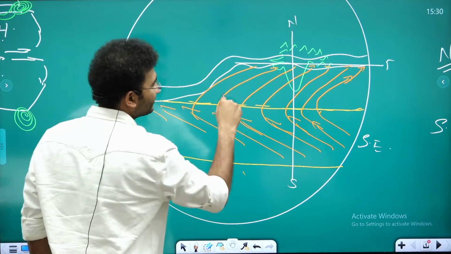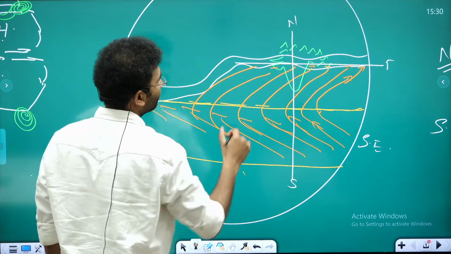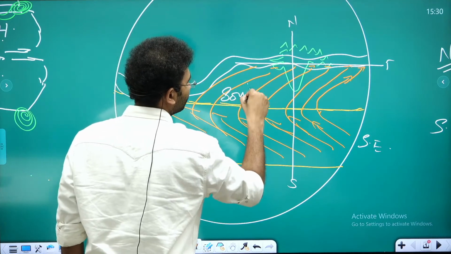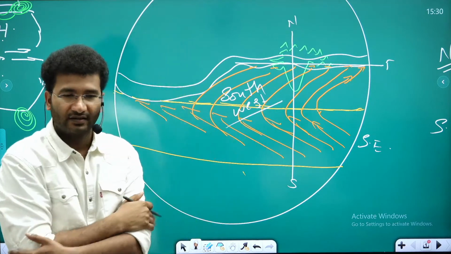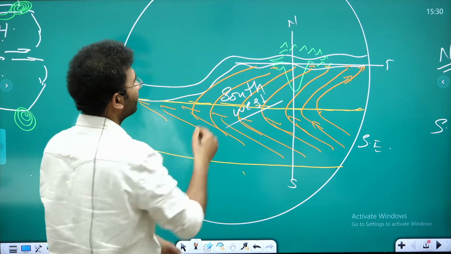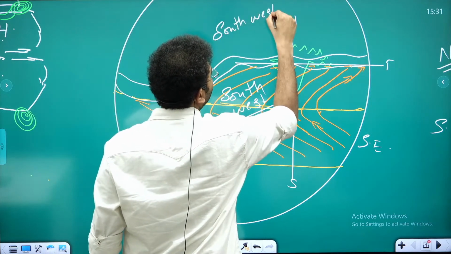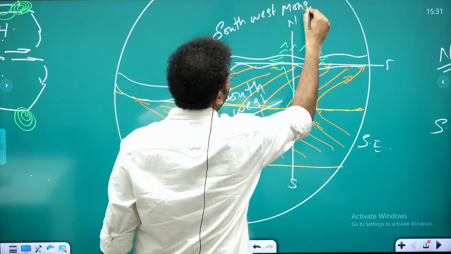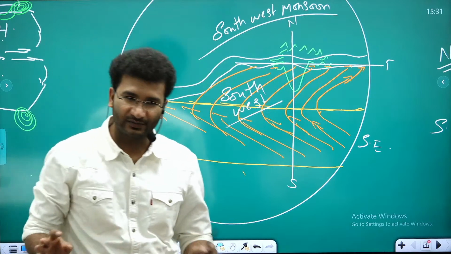Now, what is this direction? These winds are southwest. Now, the name of the monsoon of India in the month of summers is southwest monsoon. Right? This is what is the southwest monsoon.